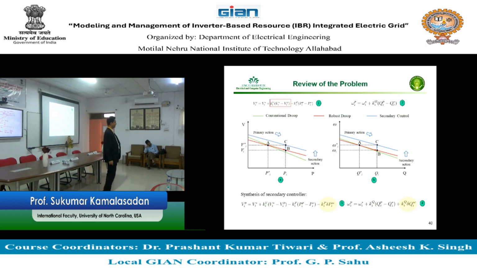What we call the resistance-reactance ratio, R by X or X by R, you might have heard this term. The relationship of this droop changes. That's one of the drawbacks of the droop. Why is it a drawback? Because if you are buying an inverter and you want to connect it anywhere, you cannot connect it anywhere. You have to change it. Otherwise, it's not going to work.